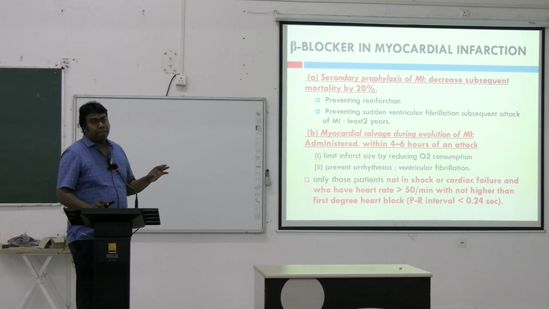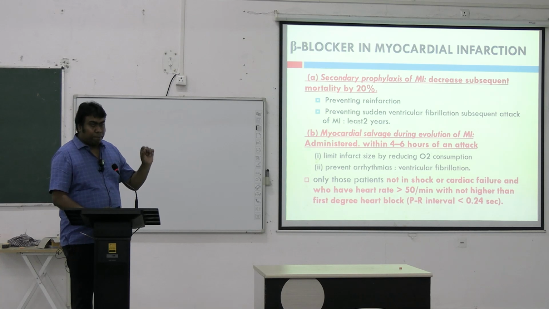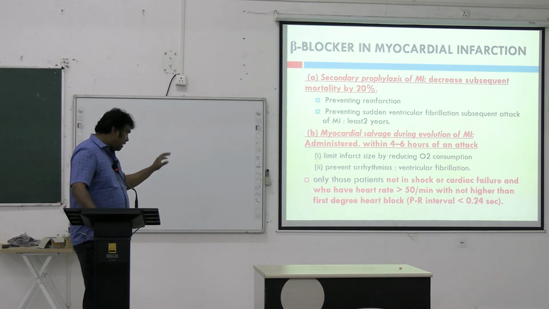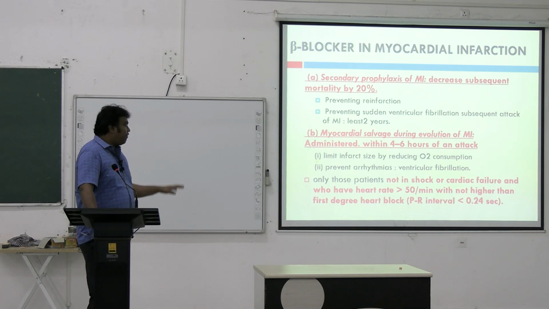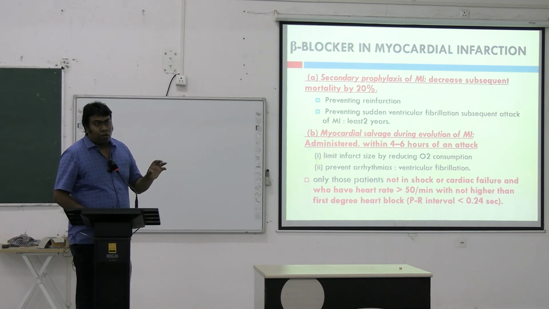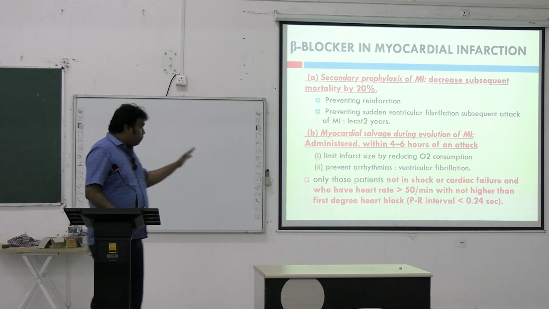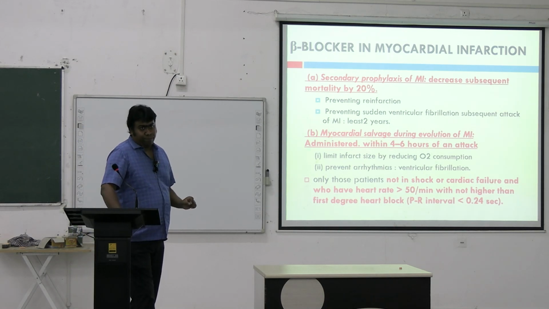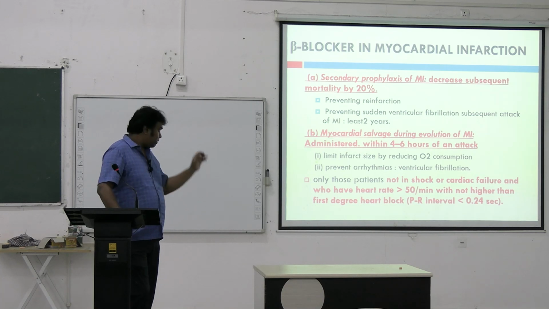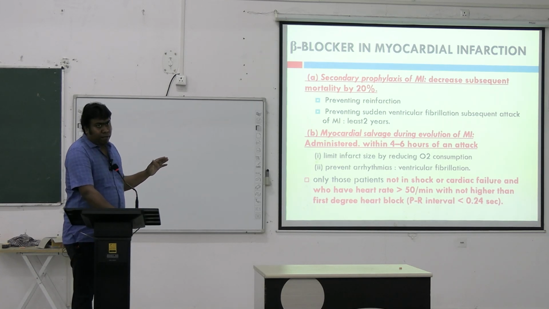But there is a catch, in which patient can we give beta blocker. If the patient is in a state of shock or cardiac arrest or cardiac failure, then we are not able to give beta blocker. We have to have heart rate more than 50 per minute and not higher than first degree heart block.